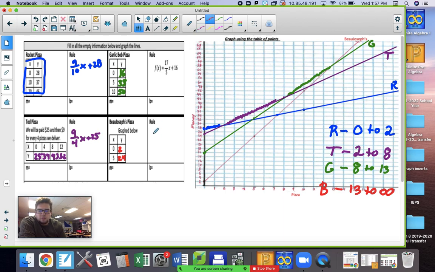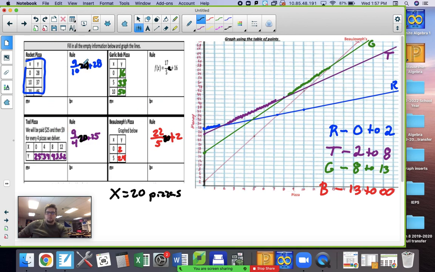And Bo Joseph's was 22/5 x plus 2. I'm going to plug in 20 for x. So x equals 20 pizzas. I deliver 20 pizzas in one day. So I'm going to put the 20 in for the x right there, the 20 in for the x, 20 in for the x.